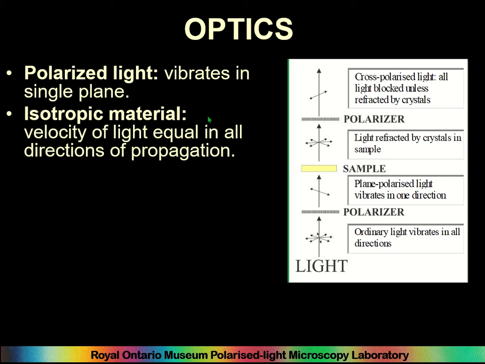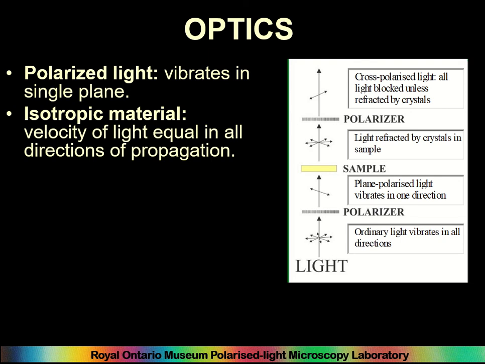Volcanic glass that you might see in a thin section in a piece of pottery, well, also light is propagated equally. So it's isotropic. Under cross-polarized light, there'll be nothing to see. Just nothing there. And so also the isometric system is isotropic because light is propagated equally in all directions because of the length of the axes.